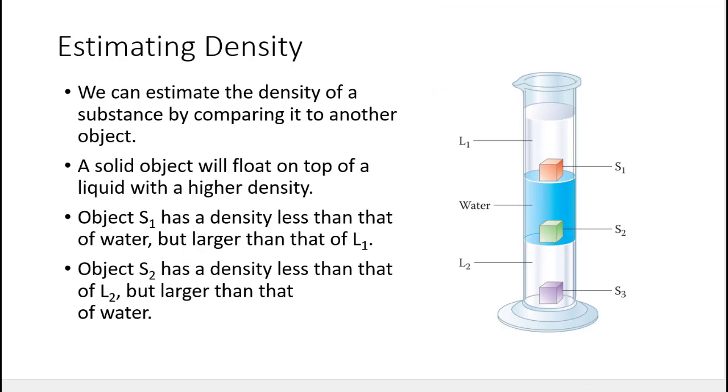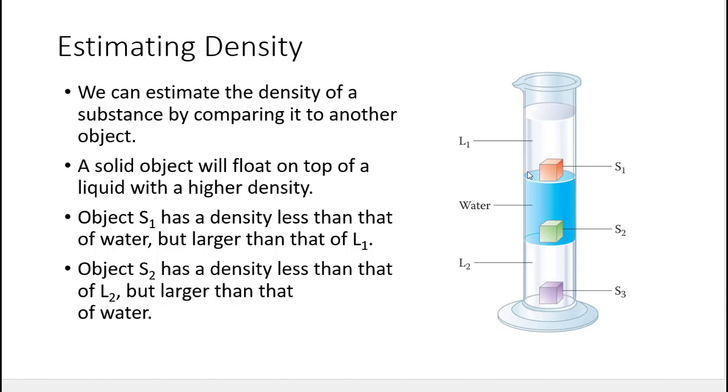And similar to what we saw at the very beginning of this video with the simulation and me showing you a picture like this with all of the particles and their arrangements, looking at different densities, we can look at the density of one substance compared to another substance and estimate its density by seeing if it's floating on top of a liquid.